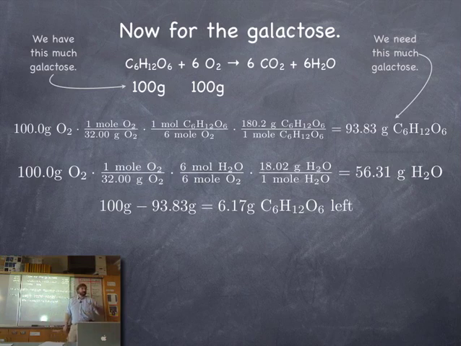6.2. Things to look for are things with high molar masses and small coefficients, because then you have a small number of moles, or you need a lot more moles. In this case it's tricky because this has a high molar mass and this has a high coefficient, and they're actually really, really close.